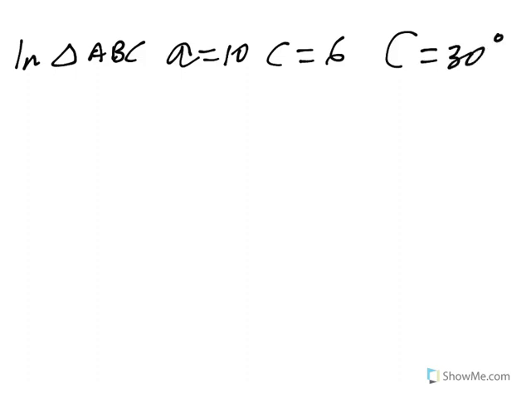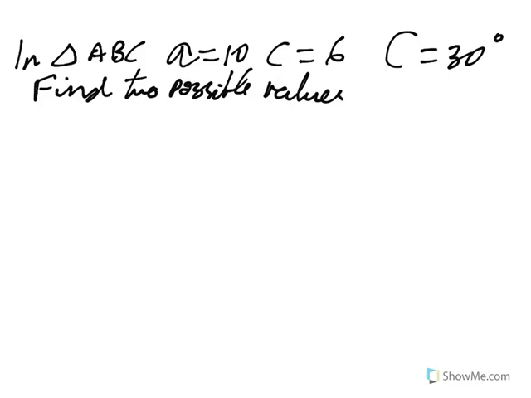Right, so it's indicating, because it's telling us to find two possible values for A, it's already indicating to us that it is an ambiguous case.